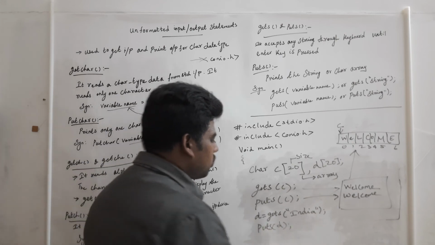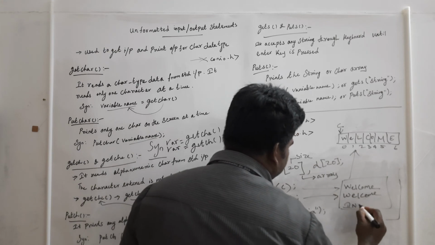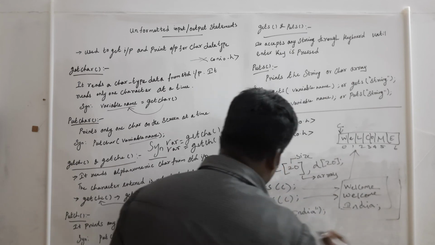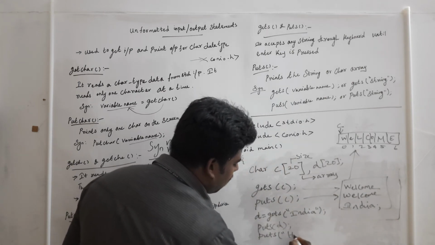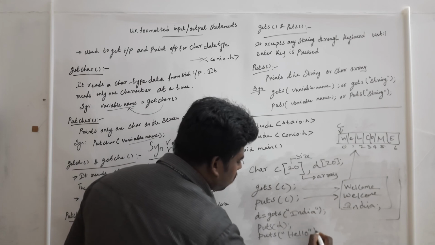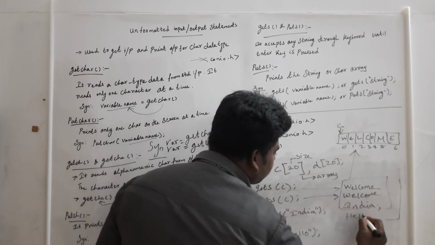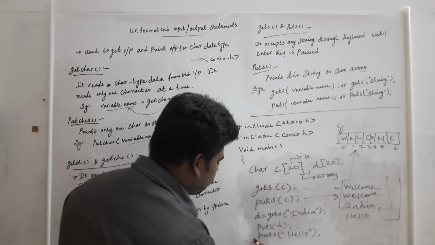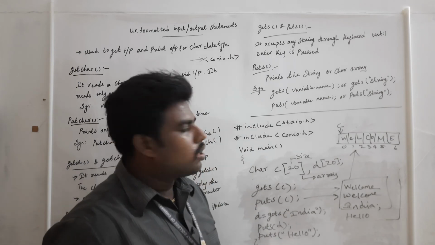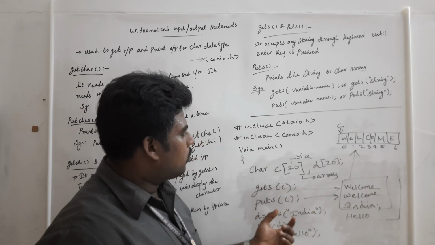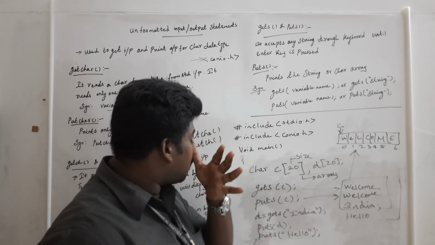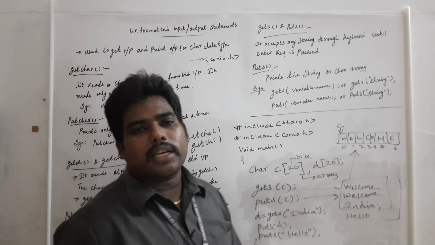Then you are printing, so it will print India. Similarly, you can directly print like this also: puts hello. This is also correct. So it will display hello. All of you understood? So a string is a collection of characters which is stored in a single variable. For that you have to use a character array.